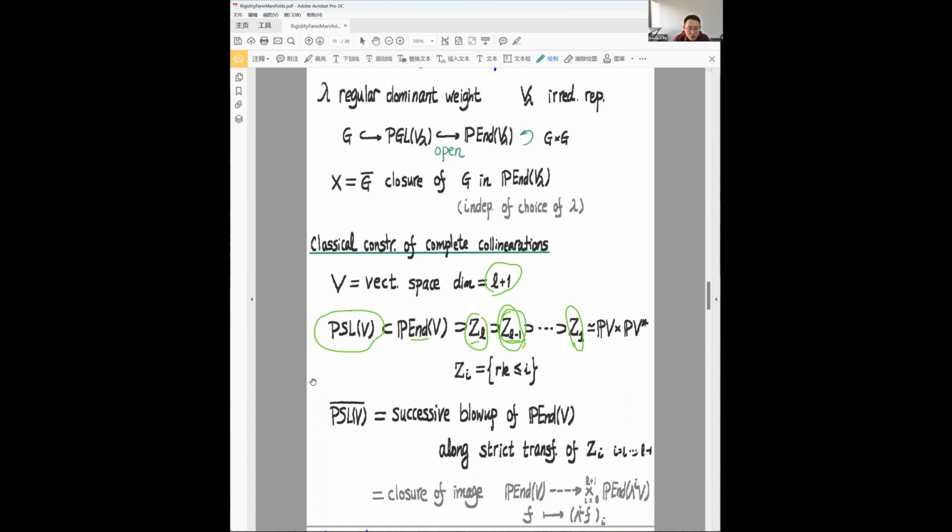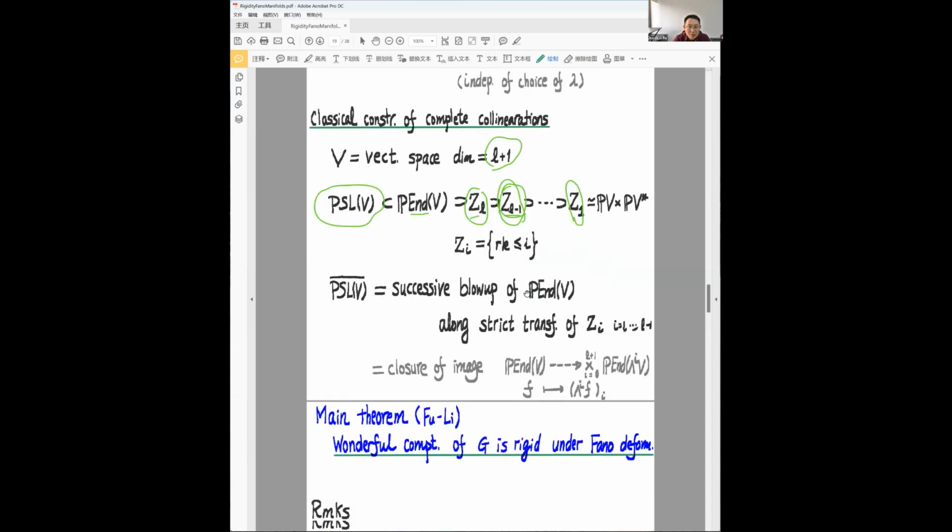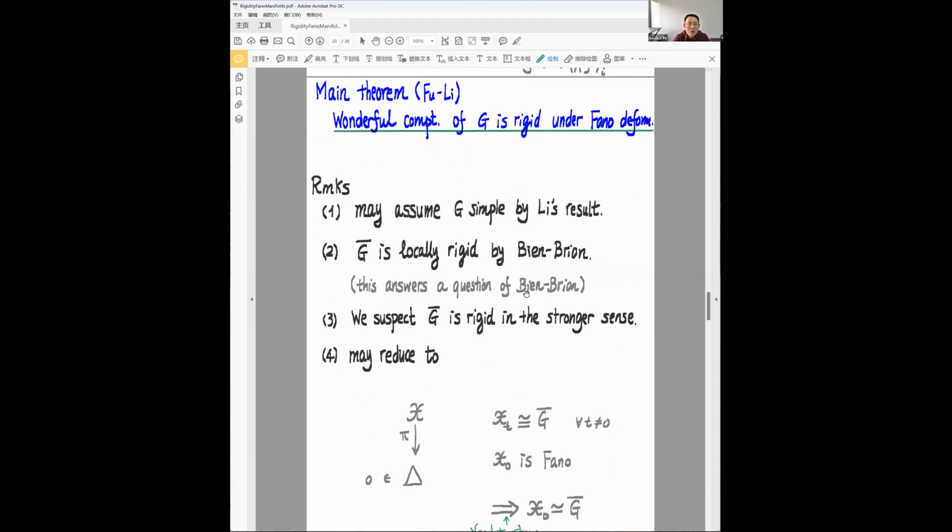Then this becomes a smooth Fano variety, which satisfies the given properties. This is an explicit construction of the wonderful compactification. So our main theorem is that this wonderful compactification of G is rigid under Fano deformation.